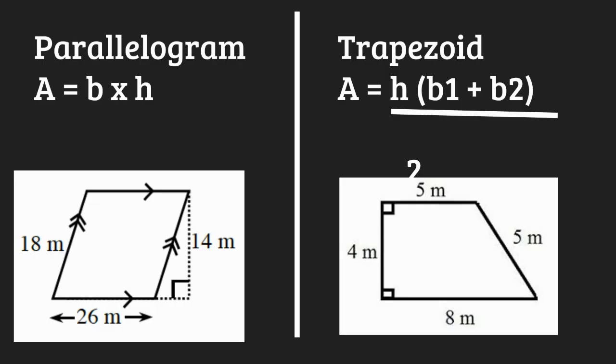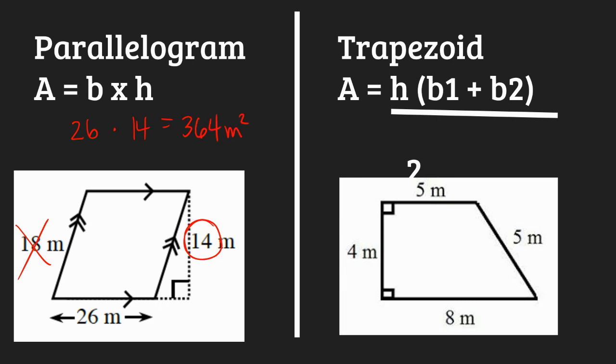Okay, but let's sum these up. So for the parallelogram, I just want the straight up and down height times the base. So that slanty side was just there to trick me. And the height this time was drawn on the outside, which sometimes you see on the outside, sometimes it's on the inside. So just make sure you're using the straight up and down height. So that's 364 meters squared.